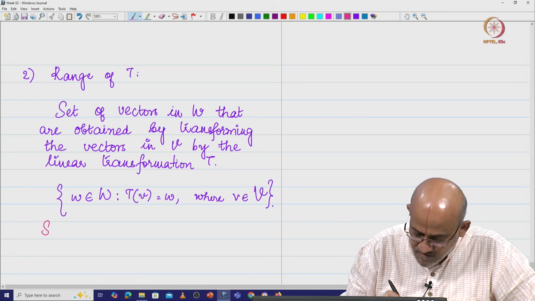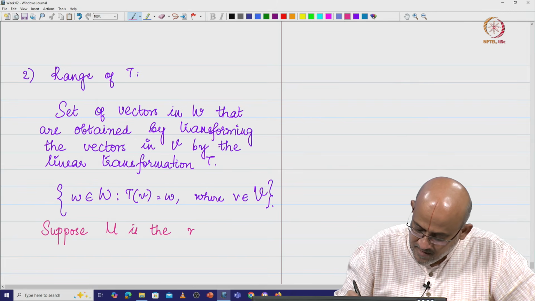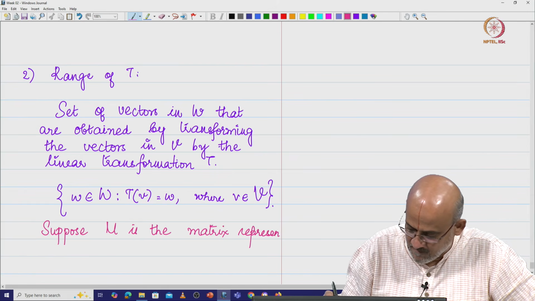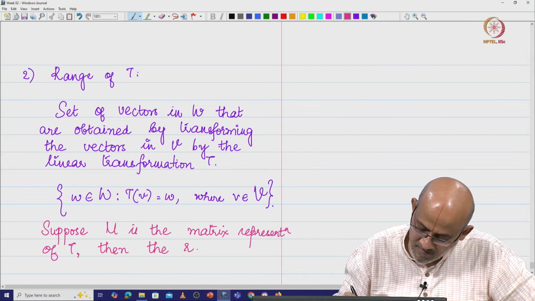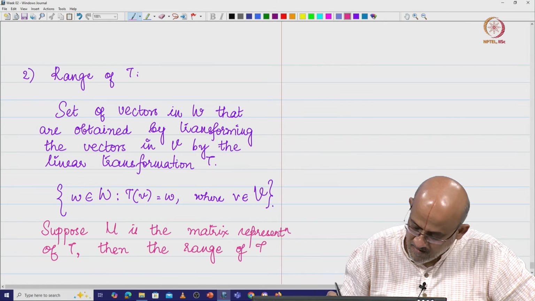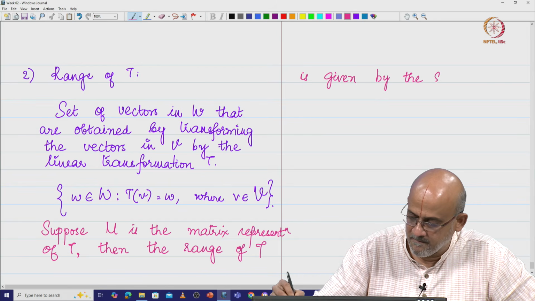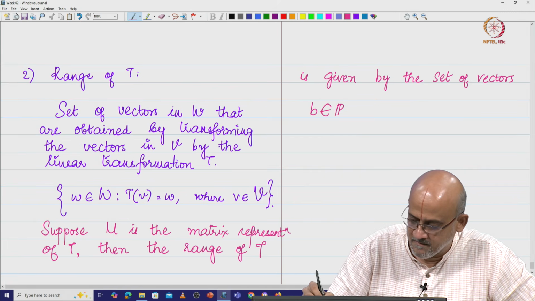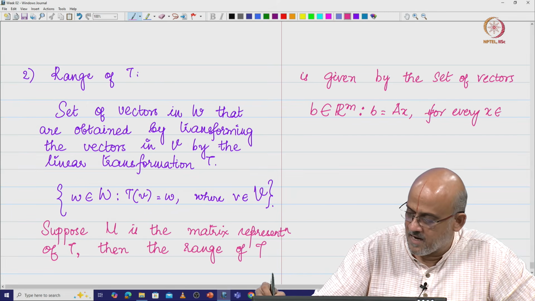Suppose M is the matrix representation of T, then the range of T is given by the set of vectors, let us say b in Rm, which can be expressed as b is equal to Mx for some x in Rn.